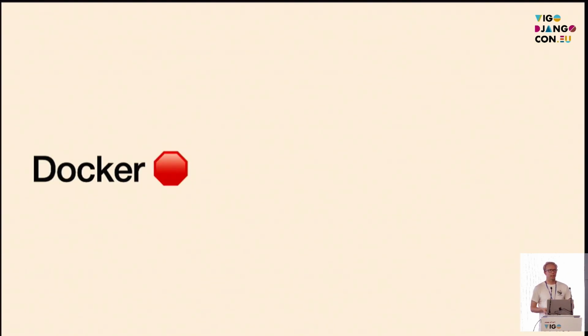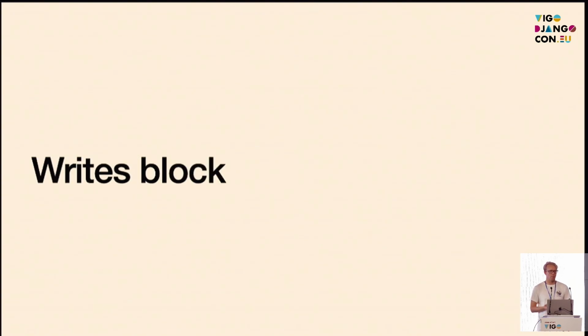So yeah, I had to remove it from Docker, and that sorted out the deployment issue, but I immediately figured out that there are other problems when you introduce writes into your application with SQLite. And this fact is that writes block your database operations.